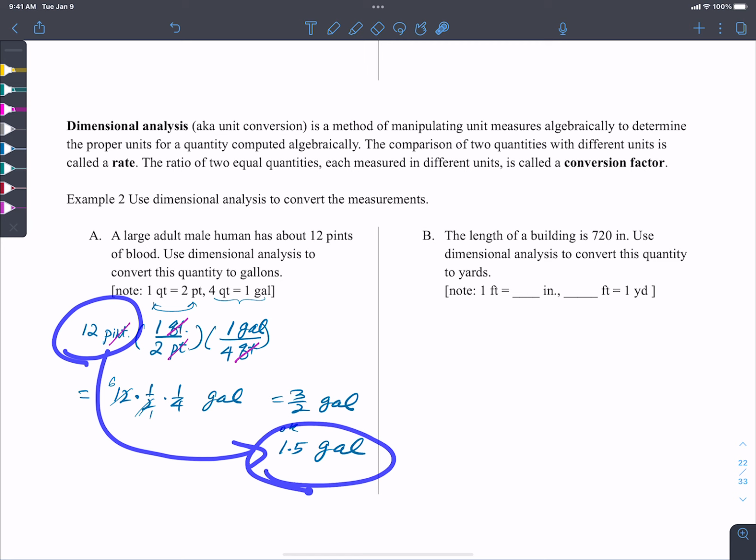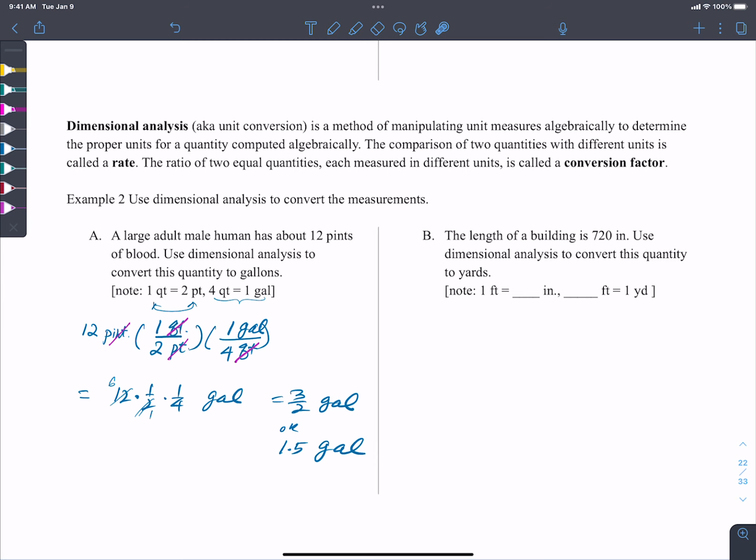So that is how much blood is in an adult male's body on average. A large adult male human. I don't know if that's actually true, but the textbooks generally try to use real numbers, so I'm going to assume that it is true.